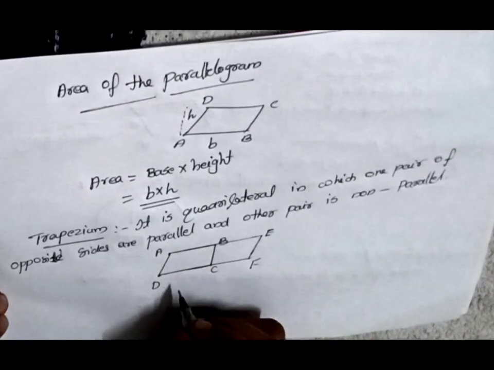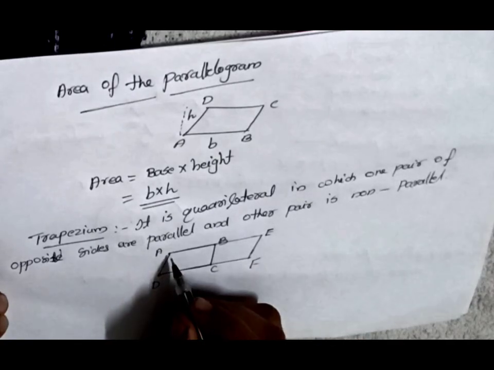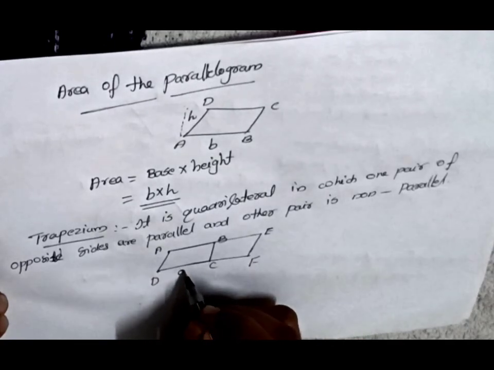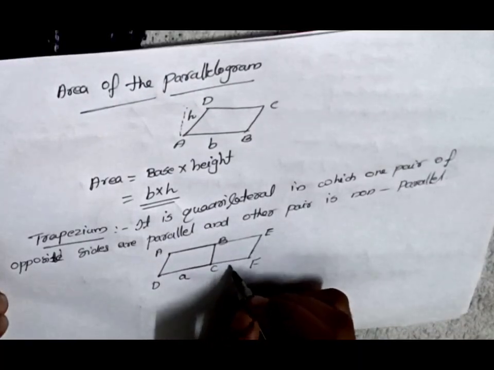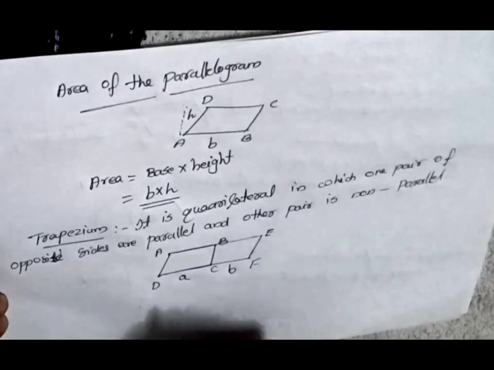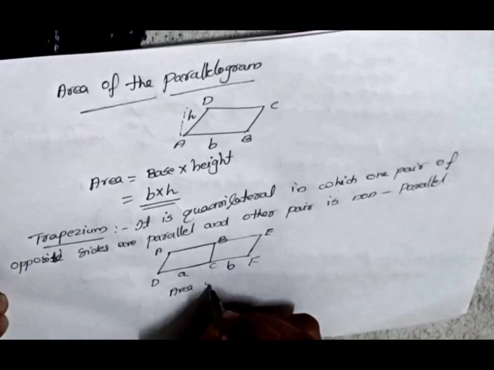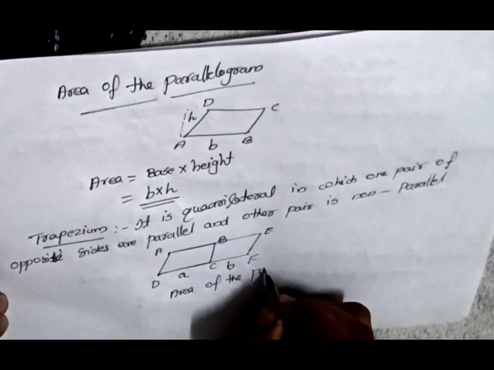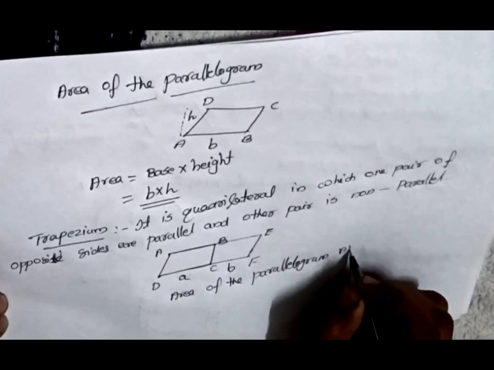First, we have to find out the area of this parallelogram. Trapezium ABCD has base a, and trapezium BEFC has base b. Therefore, here we are considering the area of the parallelogram ADEF.